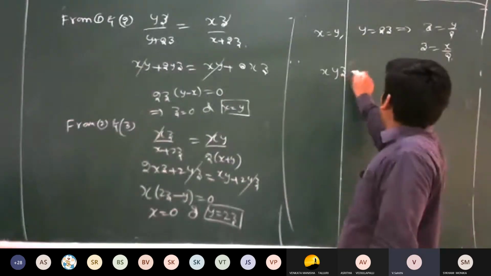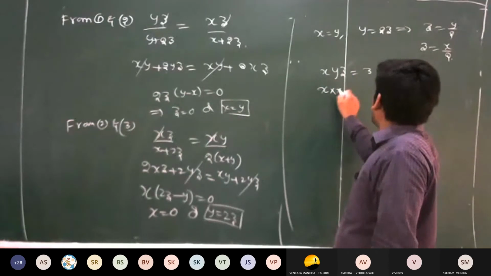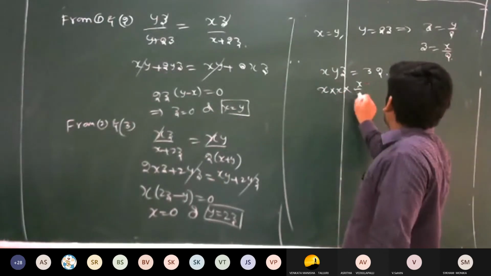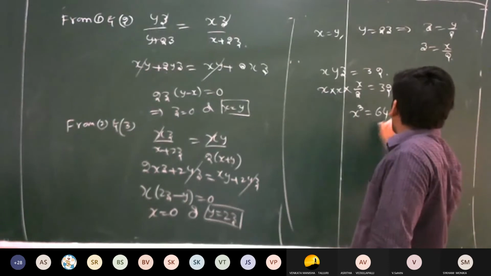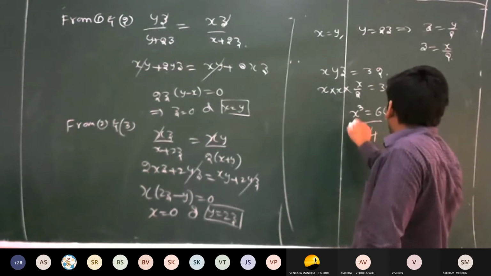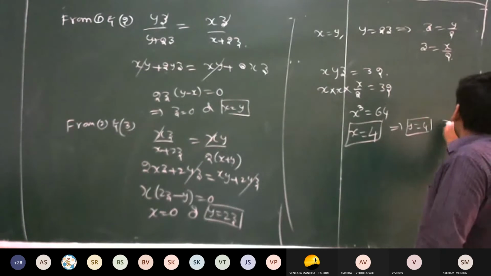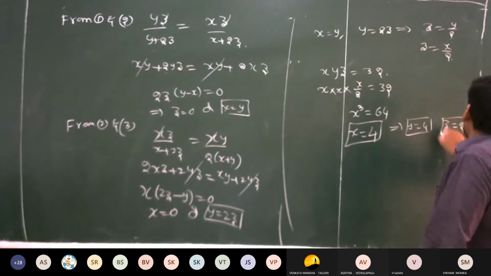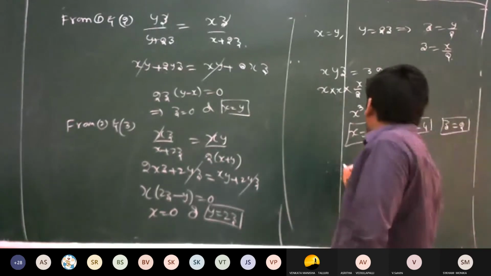We have xyz equal to 32. So what is y? x. What is z? x by 2. So that is 32. So that is x cube is equal to 64. What is x? That is 4. Right? So therefore y is equal to 4. What is z? So z is equal to 4 by 2, so that is 2.